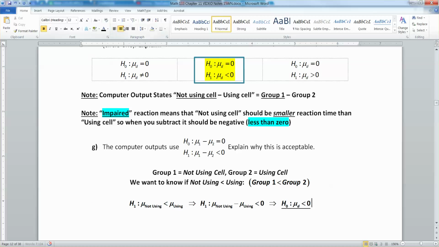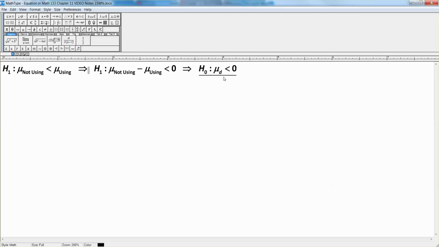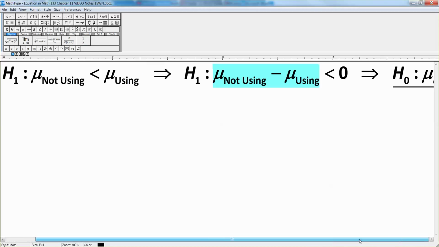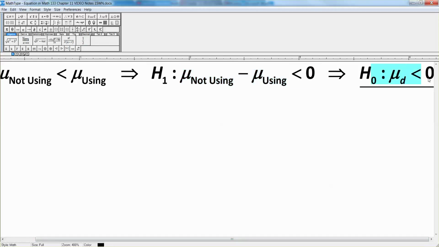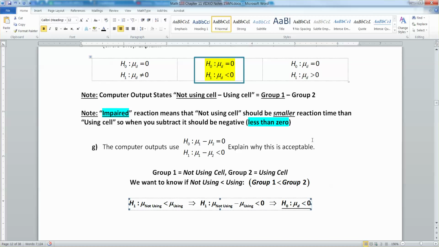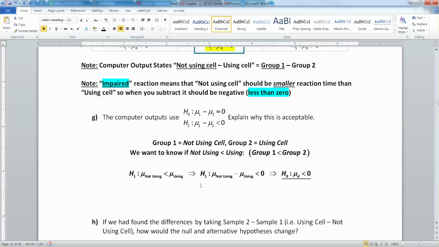That means not using minus using will be less than 0. Now when we do it by hand, we go with this symbol right here. Mu d is less than 0. That's the by hand way of writing it. Computers can't do that. They don't know the difference between a dependent sample and an independent sample. So computers will write it more like this one in the middle. And that's okay. You just have to know the computer's going to write it that way, but we would write it this way for by hand work because it's a dependent sample. The dependent samples are the ones that get to use the D like that.